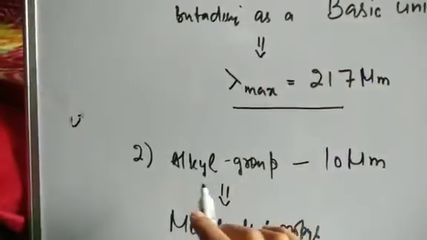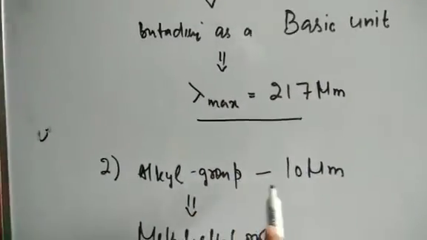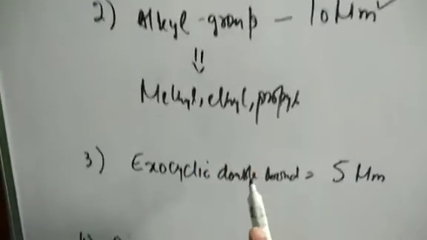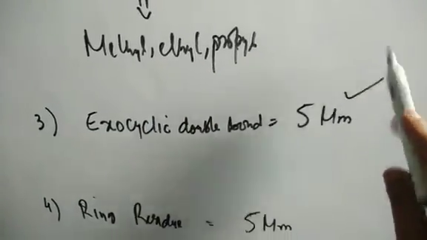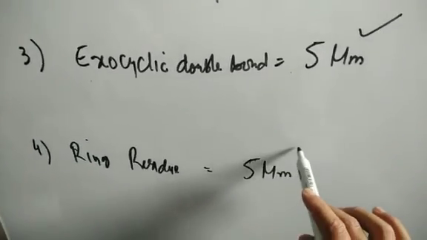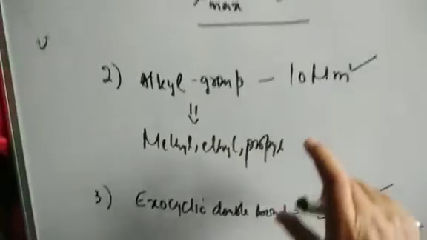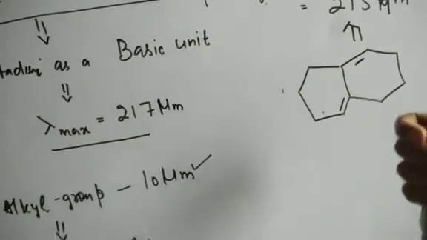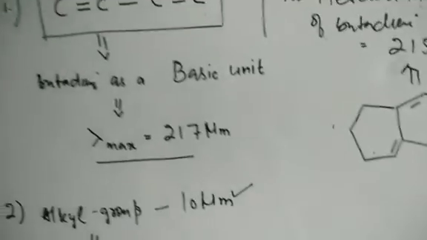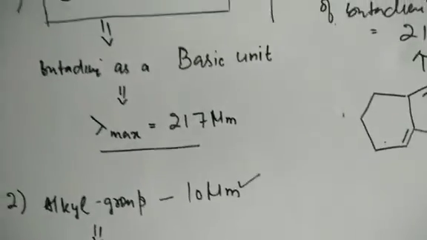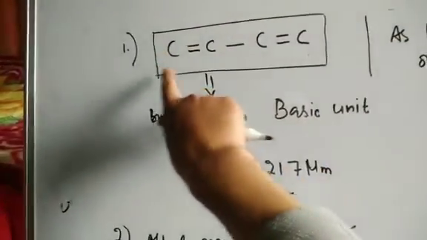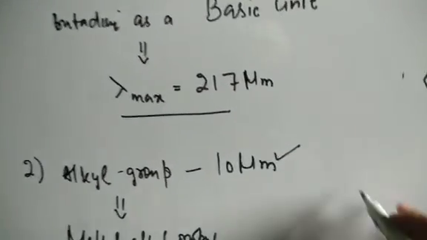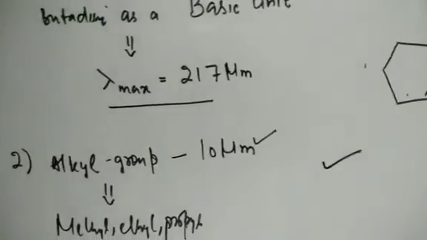If you have substituents present, an alkyl group, its contribution is 10. It can be ethyl, propyl. If it's an exocyclic double bond, the contribution is 5. If you have a ring residue, the contribution is 5. These contributions will add to the base unit, and we are positioned to calculate the lambda max of the molecules. Tomorrow we'll do some more examples related to this butadiene system, so that our concept will get clear. This is all for the day. Please note all these examples and these rules.